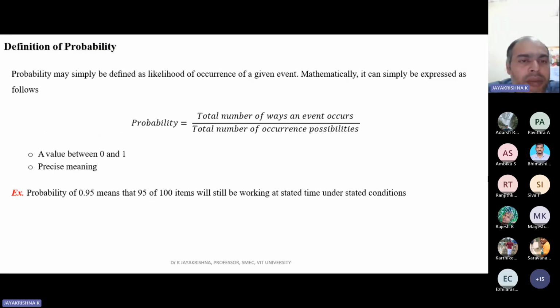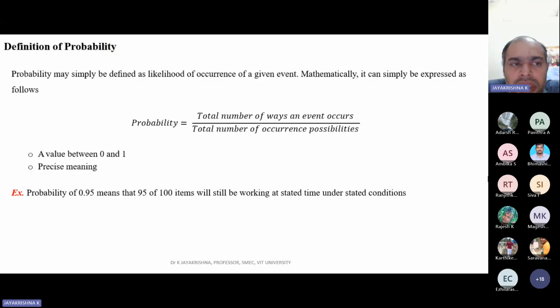Okay. So now let's take up the definition of probability. First, we are seeing the definition of probability in mathematical terms. We also know, if you study the concept of probability and statistics, that probability may be defined as a likelihood of occurrence of a given event. That is, what are the chances for an event to occur, whether it's a success or failure?